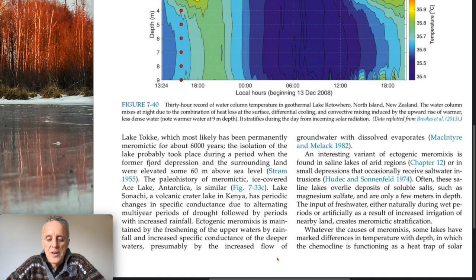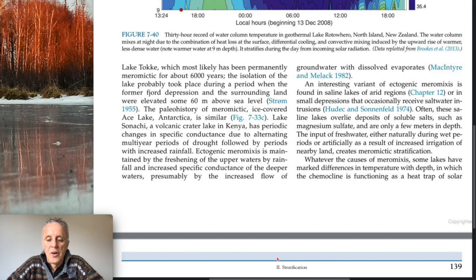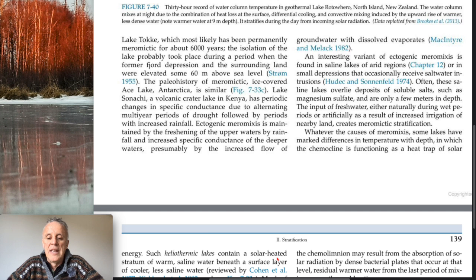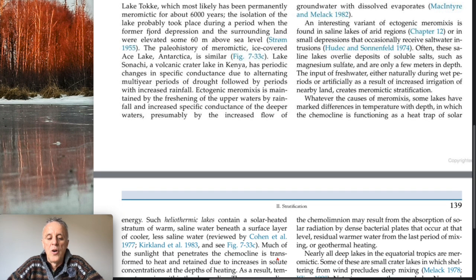The input of fresh water, either naturally during wet periods or artificially as a result of increased irrigation of nearby land, creates meromictic stratification. Whatever the cause of meromixis, some lakes have marked differences in temperature with depth, in which the chemocline is functioning as a heat trap of solar energy.